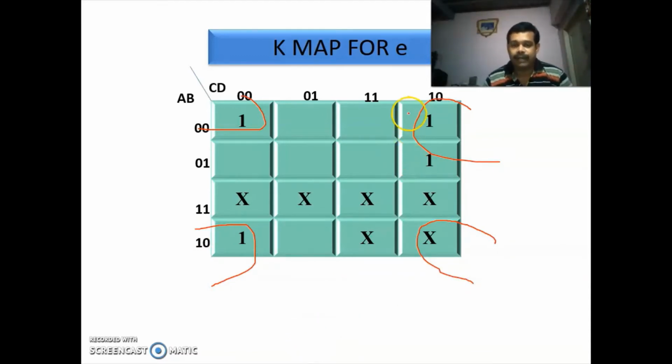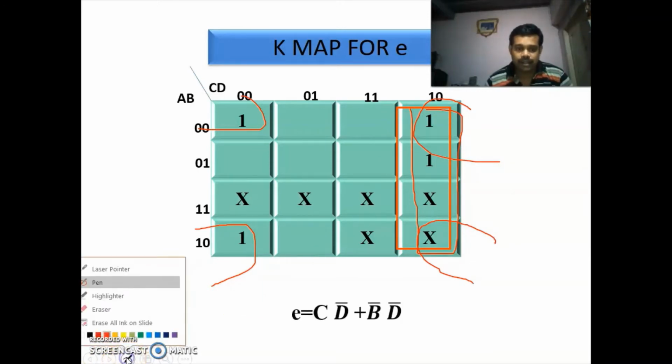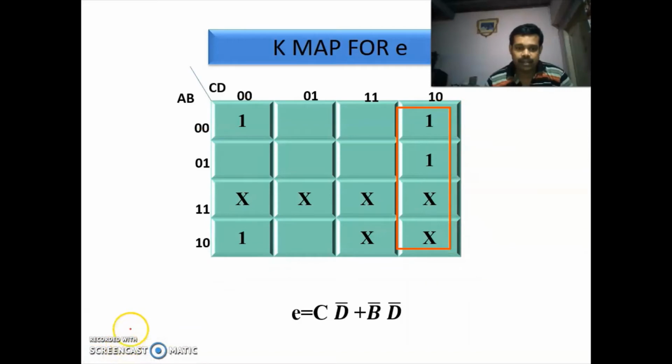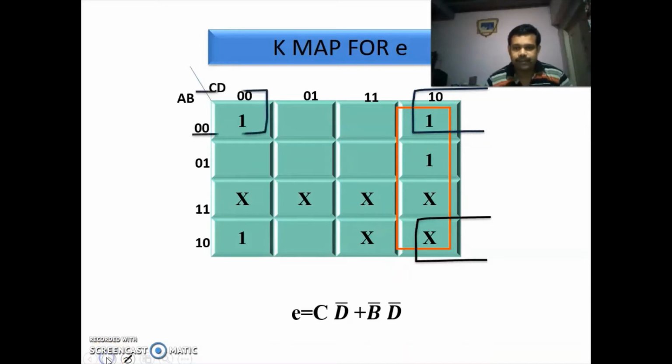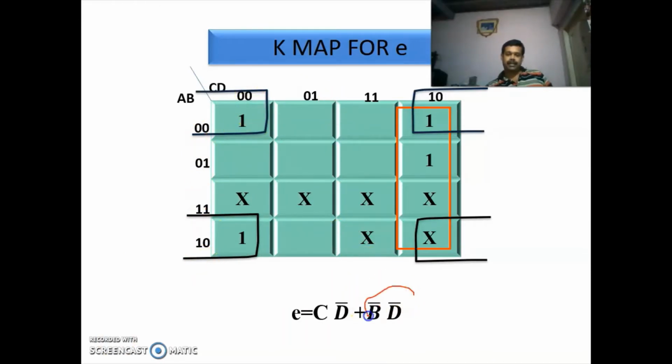Then you are having one like this. So these are the two groupings you are having. The expression for this one is B bar D bar and the expression for this is C D bar.